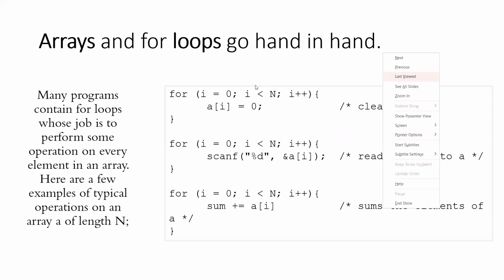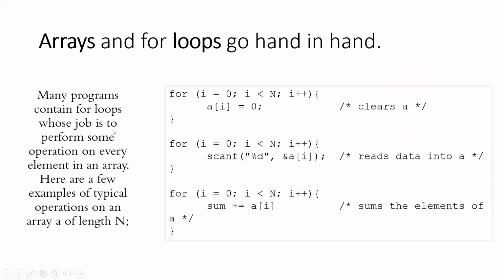Many programs contain for loops whose job is to perform some operation on every element in an array. Here are a few examples of typical operations on an array A of length n. Suppose we have an array A and we use looping.